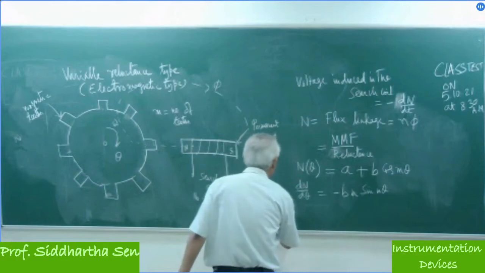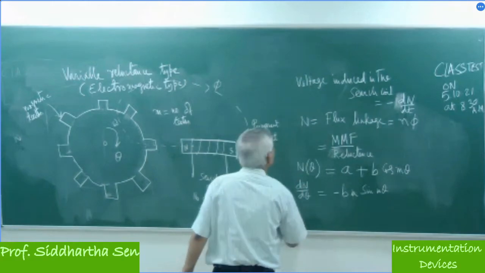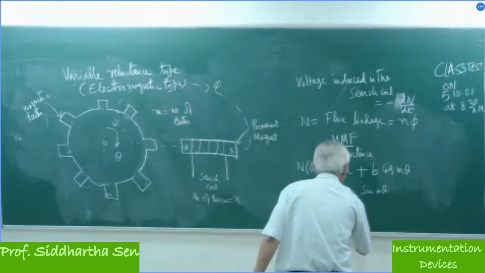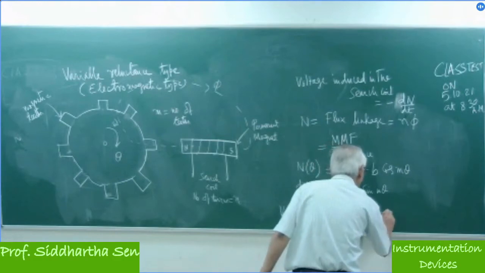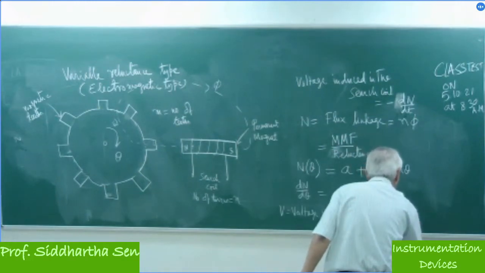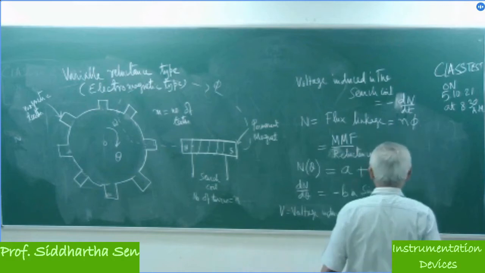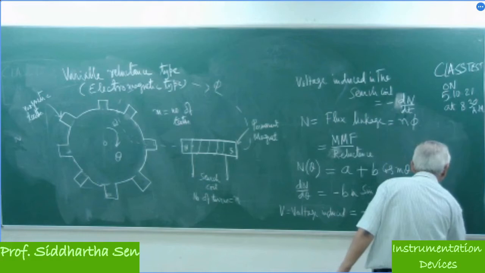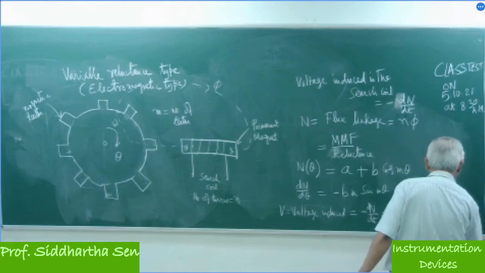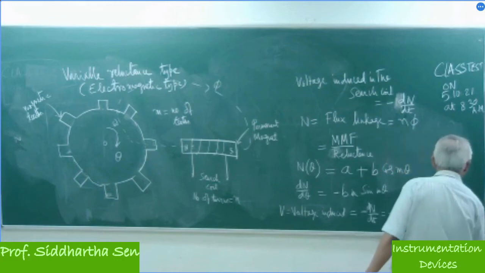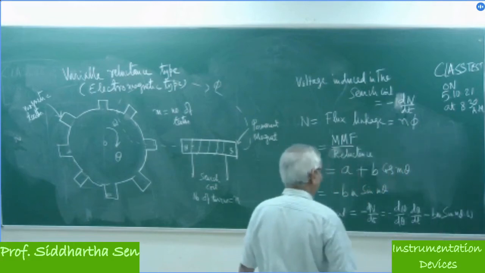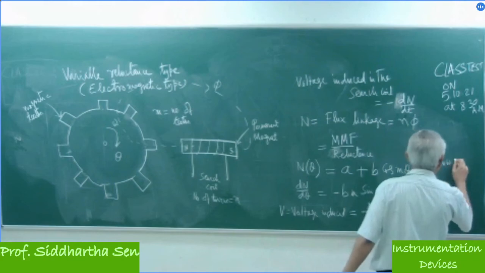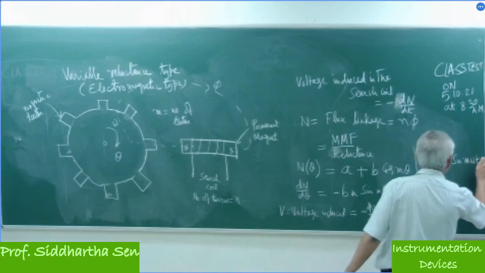The voltage induced is V equal to minus dN/dt, or minus dN/d theta into d theta/dt. Minus dN/d theta is B m sine of m theta, and d theta/dt is nothing but omega. So this is equal to B m omega into sine of m omega t.